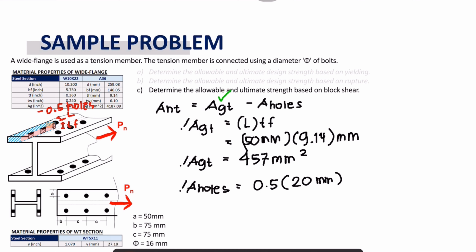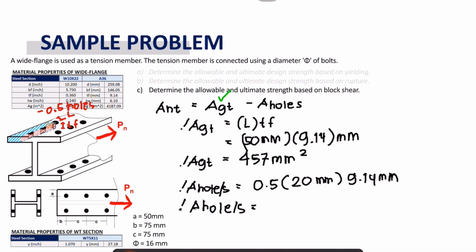So, 20 millimeters over 2 or 20 millimeters times 0.5, they have the same value. Okay? At wag natin kakalimutan doon sa height na thickness of flange, which is 9.14 millimeters. So, therefore, our area of hole or holes, okay, di natin alam kung singular or plural siya.